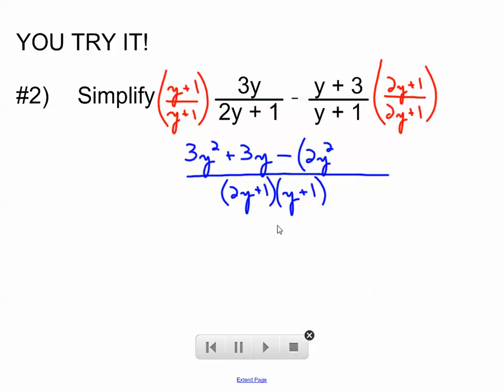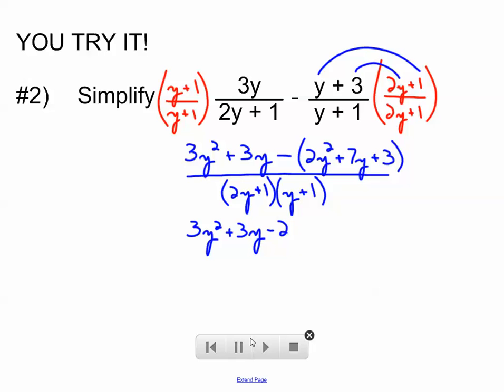The middle term is y times 1 and 3 times 2y, so 1y plus 6y is 7y. And lastly, 3 times 1 is 3. I'm going to distribute that negative sign, so it'll be negative 2y squared, negative 7y, and negative 3.